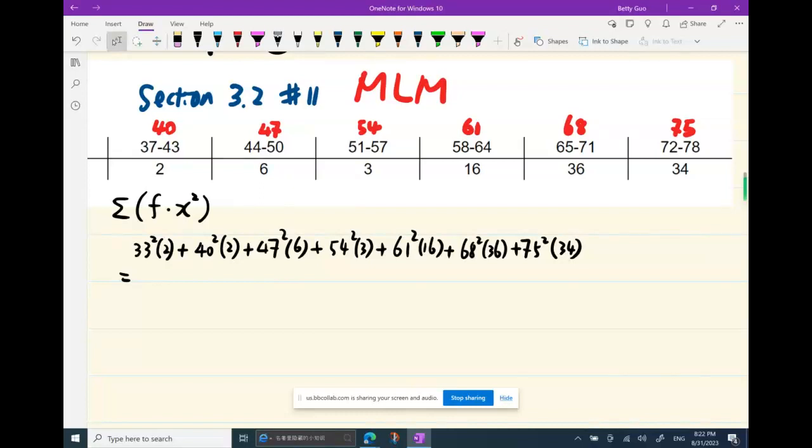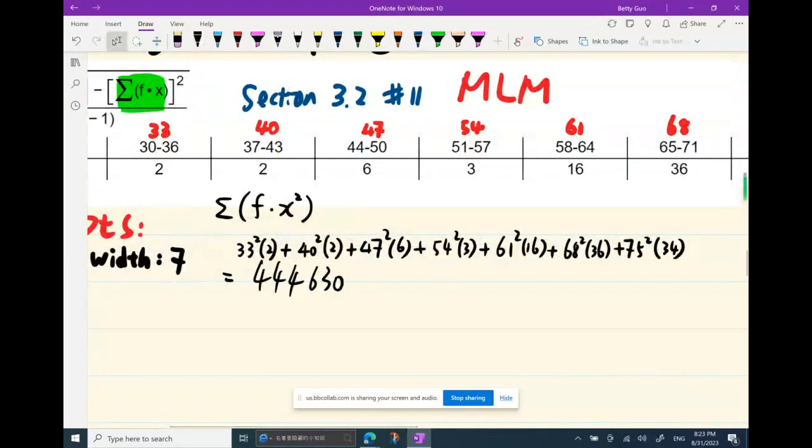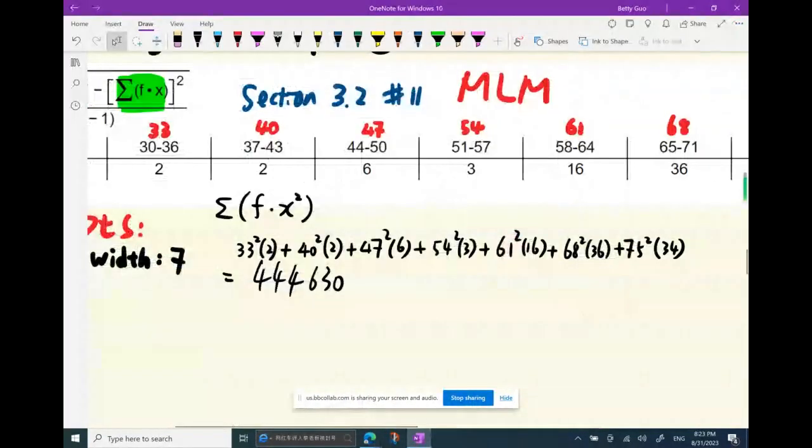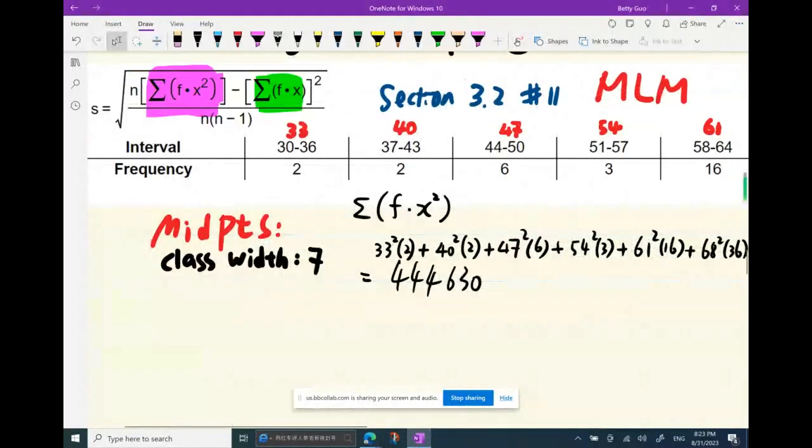Yeah, anyone would like to share? Is yours the same as mine? Oh, okay, perfect. So that's the pink part, right? Yeah, that's the pink part.